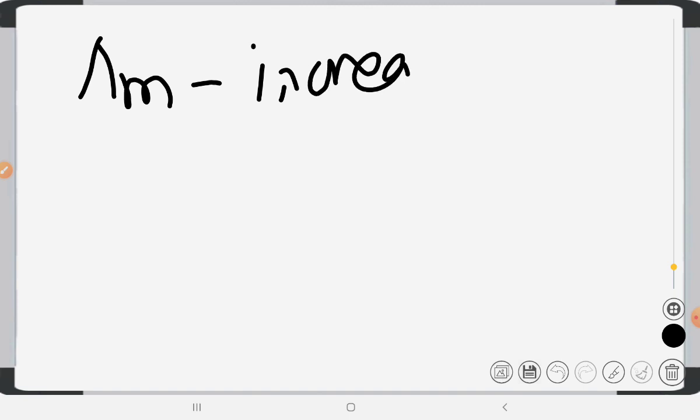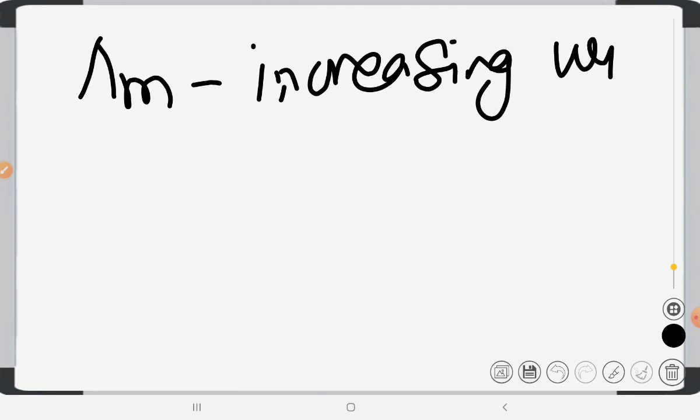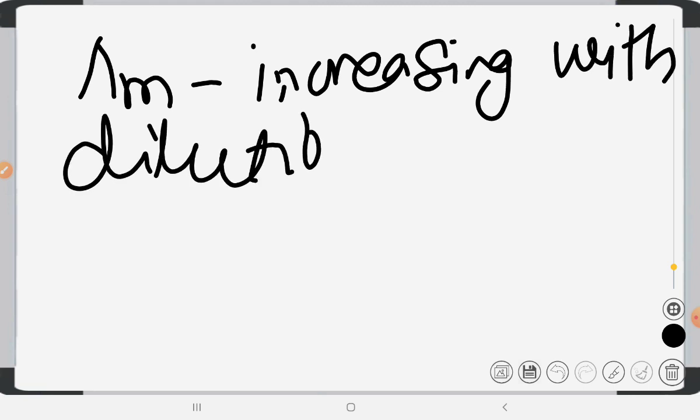Once again, if you are asked why molar conductivity increases with dilution, then there are two reasons, right?